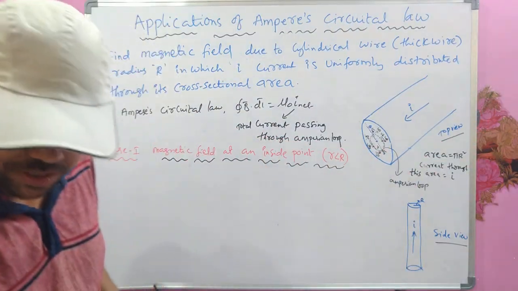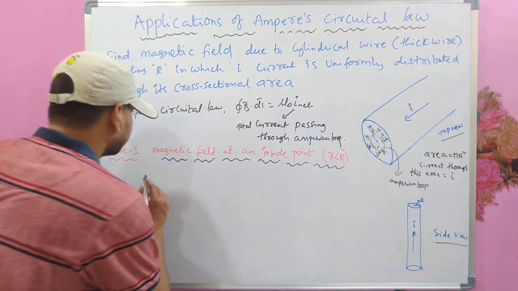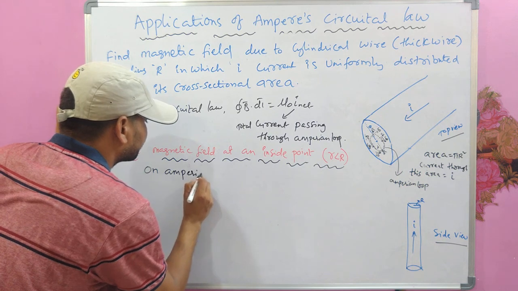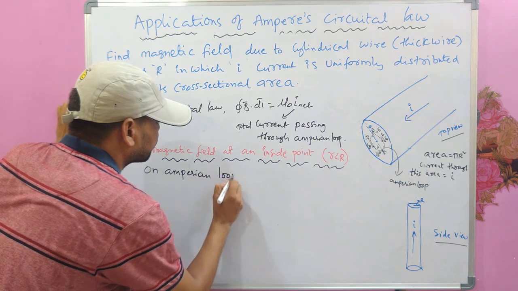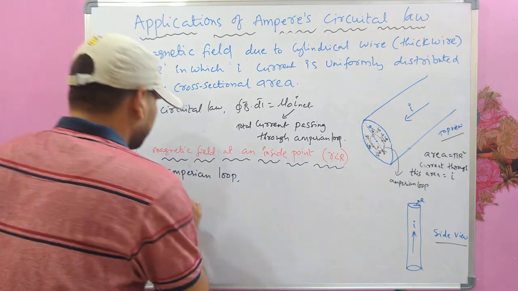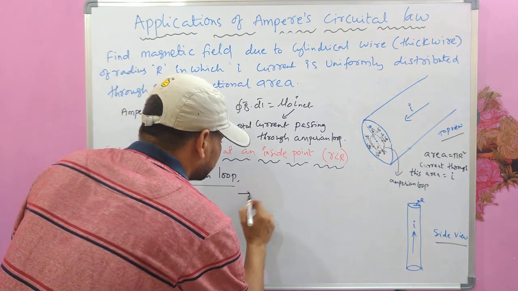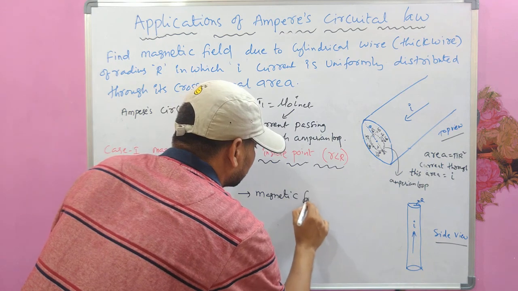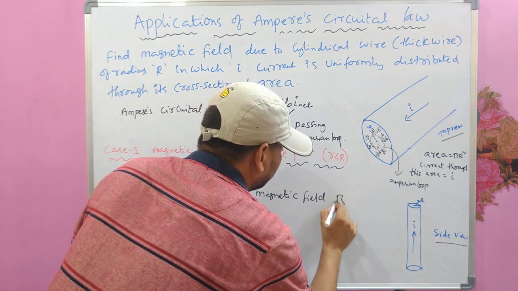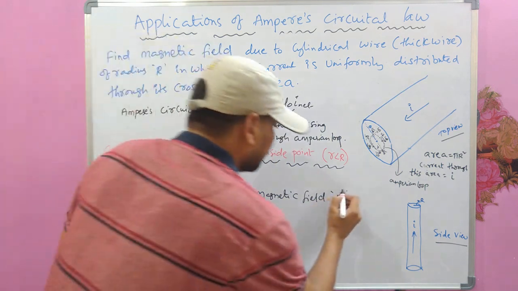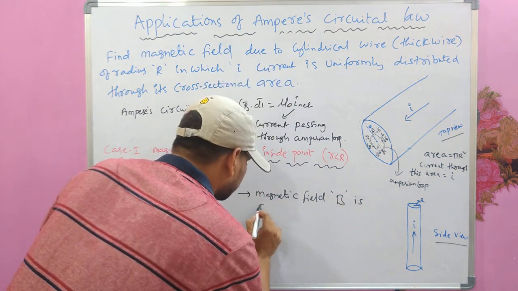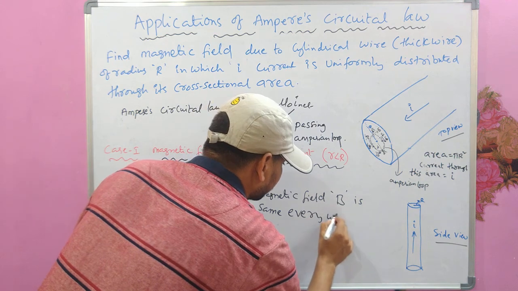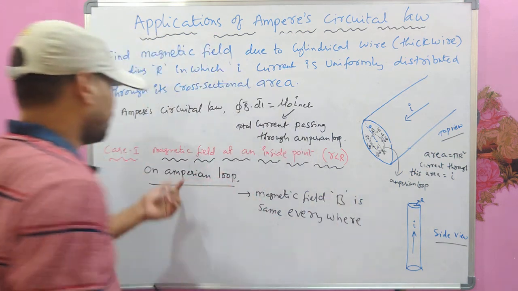And with these observations, what we can write is, on the Amperian loop, the first point we can write is magnetic field B is same everywhere on the Amperian loop.